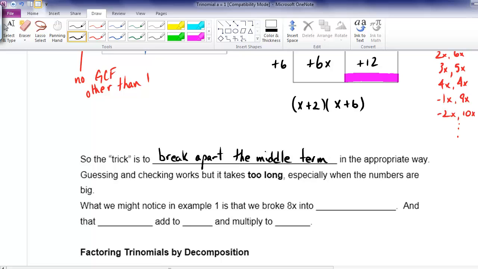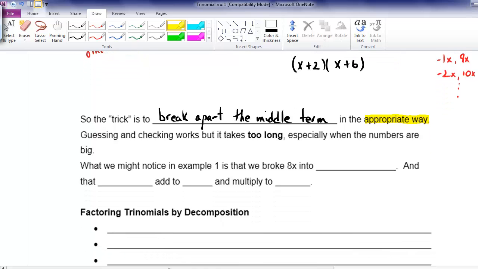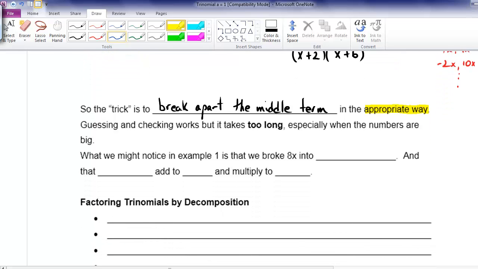But we have to break it apart in an appropriate way. We could do this by guessing and checking, but it takes too long, especially when the numbers are big. So then the question becomes, how do we break apart that middle term into two pieces in an appropriate way?